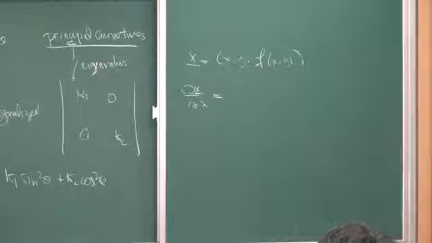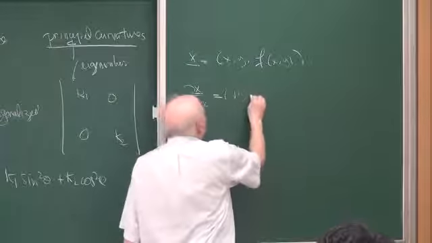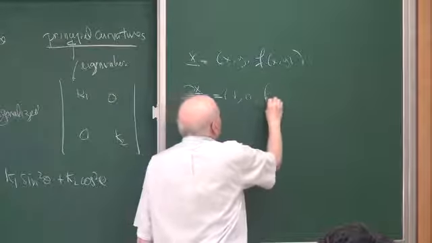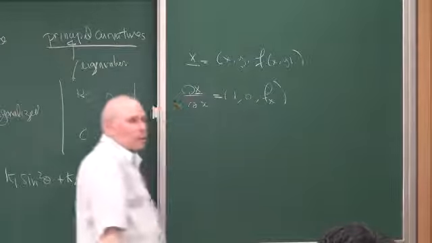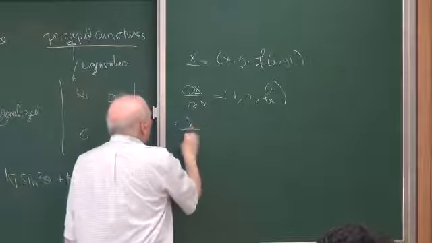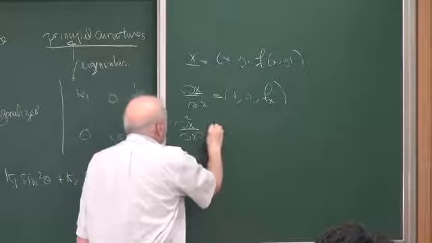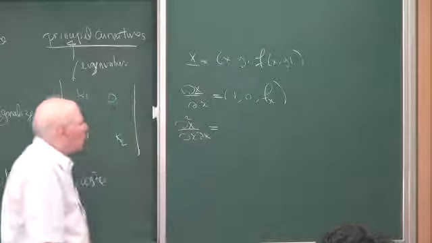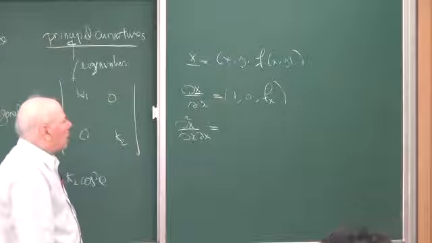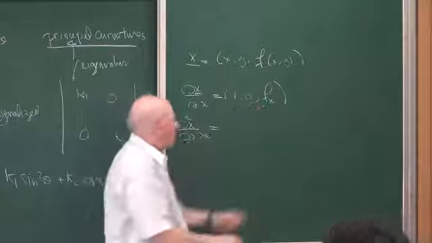The partial derivative of x with respect to little x is 1, 0, and f sub x. Simple? So let's compute the rest. So what are all the partial derivatives? So x with respect to twice the lowercase x without the bar. So of course we get 0, 0, f sub xx.